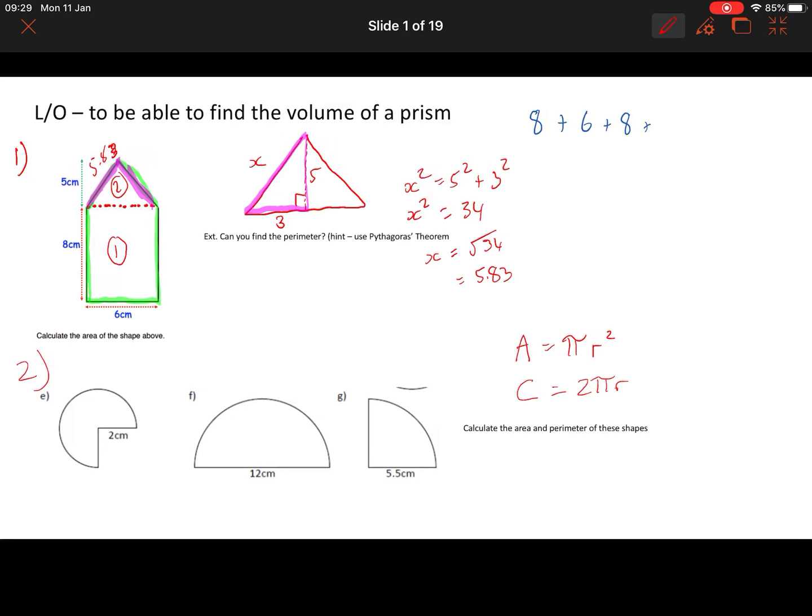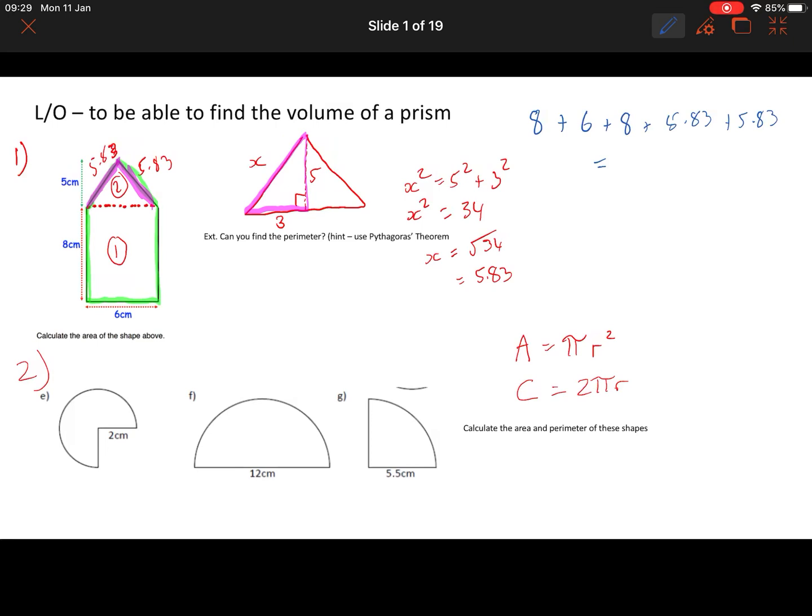Okay, and this must be an isosceles triangle. So this is 5.83 and this is 5.83. So I'm just going to add them on, 5.83 plus 5.83, and that is going to be equal to the perimeter.